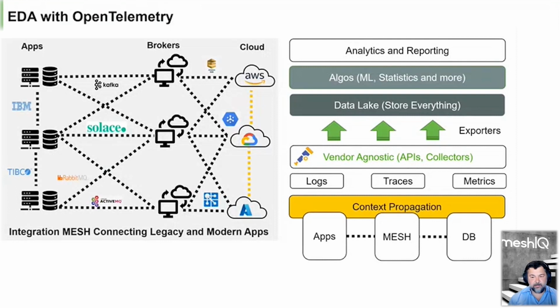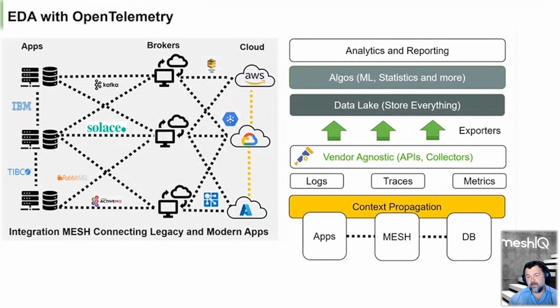So you have a vendor agnostic API, so there's really only one way to connect to and collect all of this information. And then you have a bunch of exporters that allow you to export Open Telemetry data into a specific data lake. Again, that's your monitoring vendor that you decide.